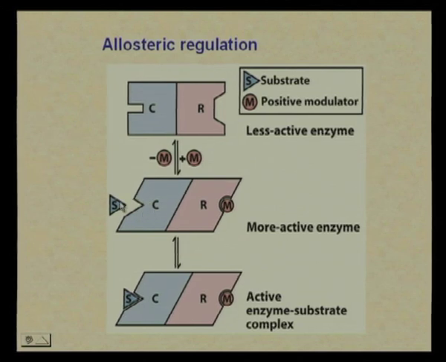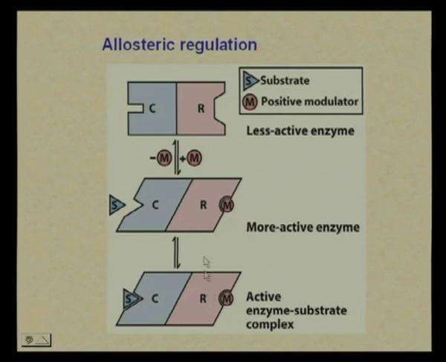This can now accommodate the substrate easier. So, initially we had a less active enzyme, we have a modulator that makes a more active enzyme, and then we have the enzyme substrate complex. Now, why is this essential? When you have a biological activity, you do not want the enzyme substrate complex to always be formed, because you probably do not need the product in the first place.